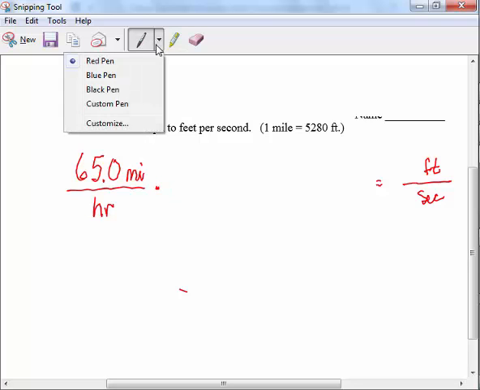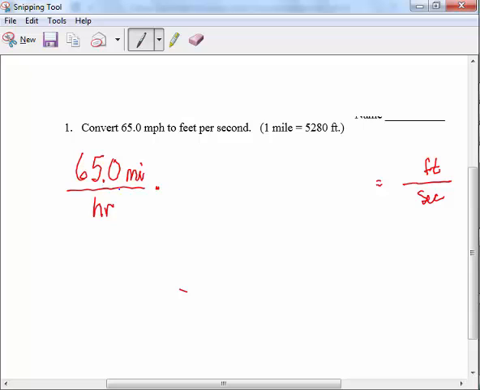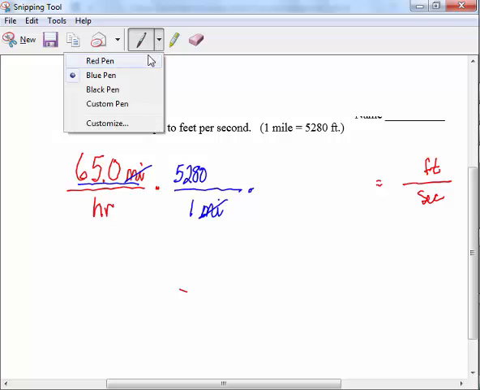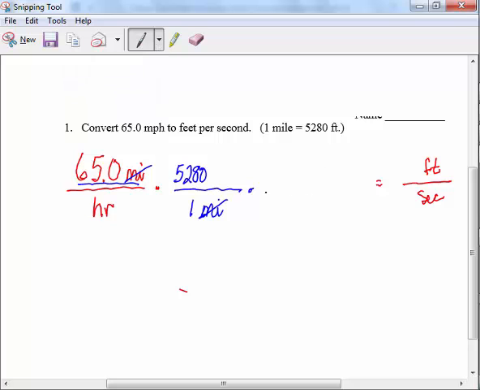Okay, first, let's convert the distance. So in our fraction, we put 1 mile in the denominator, so that we can cancel those two units. 1 mile is 5,280 feet.